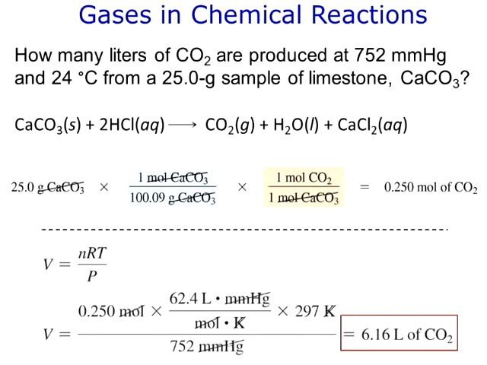That relationship comes from the balanced equation. There's 1 mole of carbon dioxide for every 1 mole of calcium carbonate. We calculate the numbers through. Our calculator gives us one answer. We take that answer and we convert it to the proper number of sig figs, which in this case is 0.250 moles of carbon dioxide.